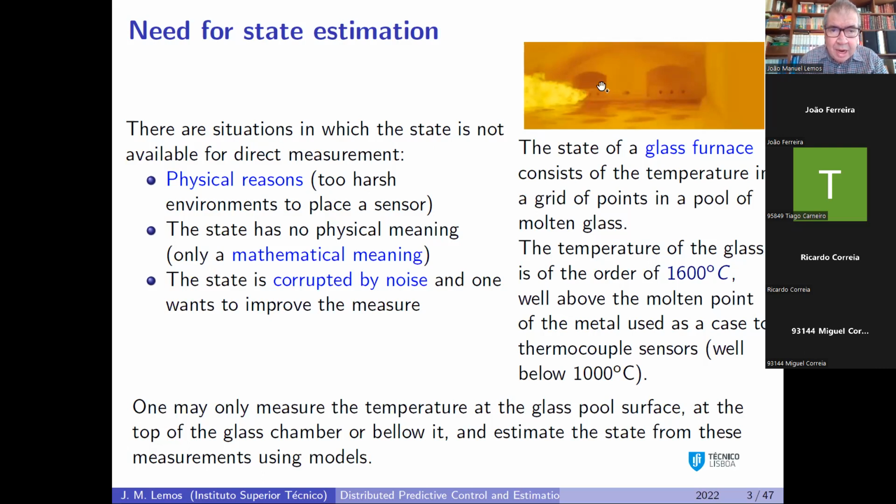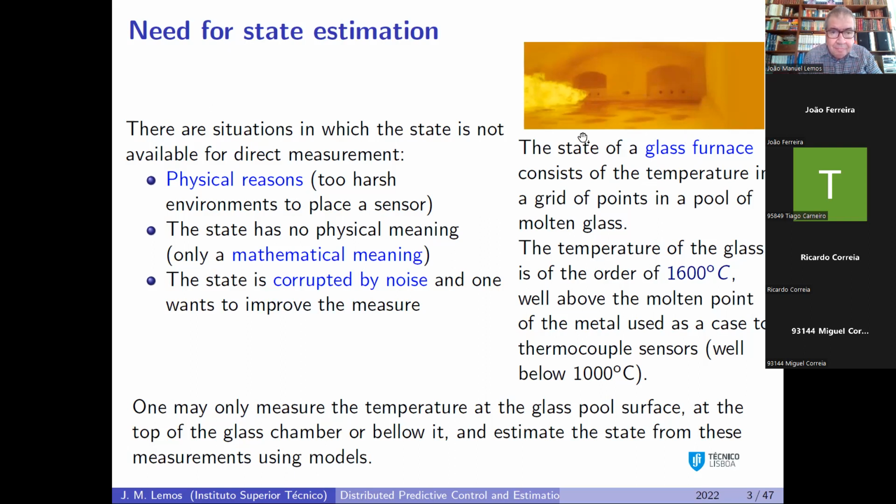So during part of the operation, the air is entering and passes through one section of these hollow bricks. So the air enters not at ambient temperature, but it's already heated. And at the same time, the exhaust gases are heating this section on the right. And then this is switched. Okay. What is important here is that the state is the temperature along the pool, the glass pool.